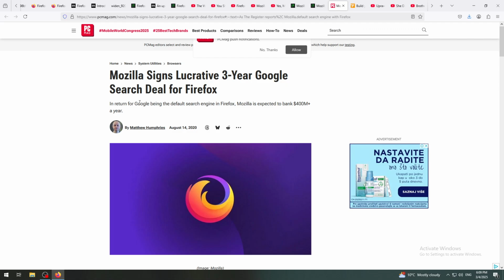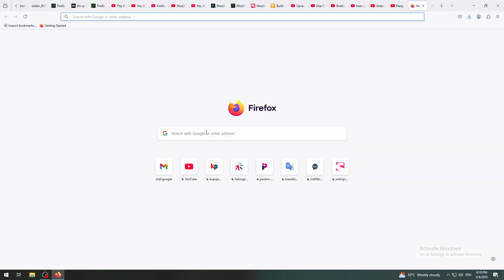for Firefox. So in return for Google being the default search engine in Firefox, Mozilla is expected to bank $400 million a year. So Google pays $400 million a year for Mozilla to put Google, the Google bar, Google search engine as their first choice on their page.